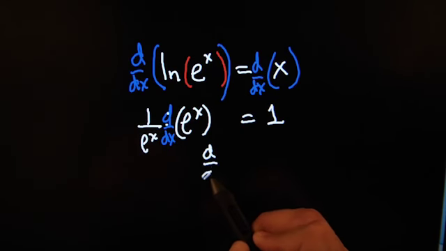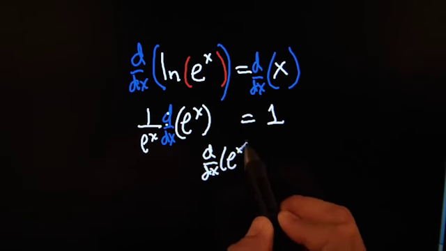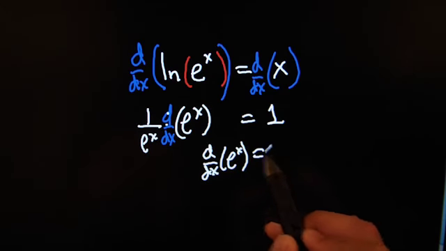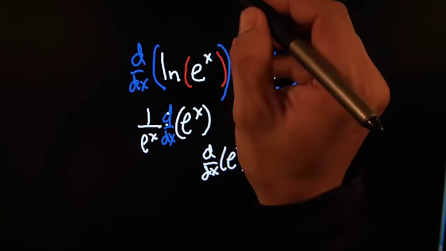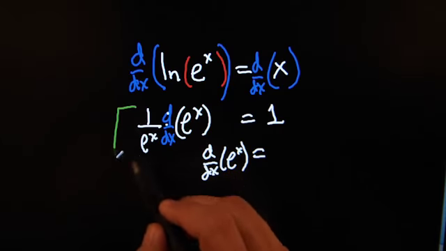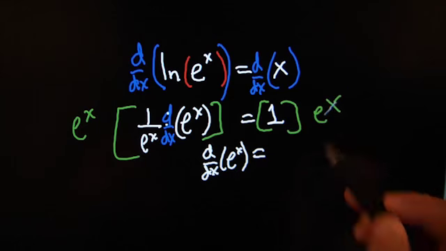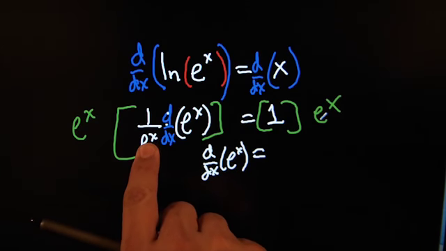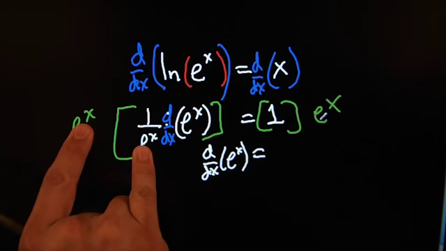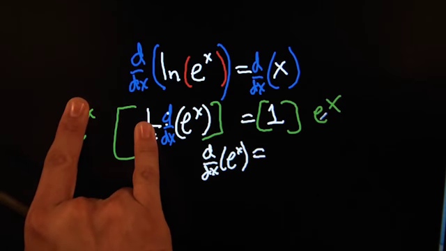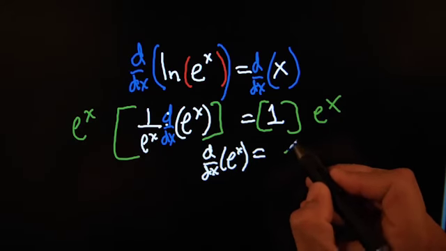So d/dx of e to the x, I'm going to multiply both sides of the top equation by e to the x. So I get rid of that one right there. These two would cancel, they're gone, and that would just leave you with e to the x.